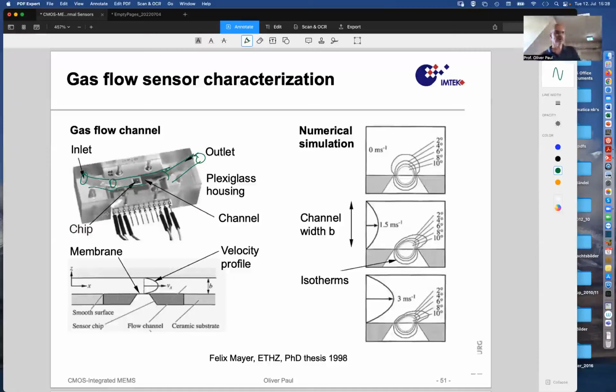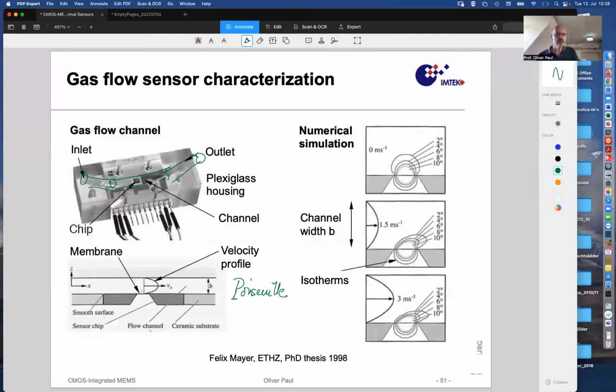You blow in air from some bigger hose into this small tube, and at the beginning it has a constant velocity profile over the cross section, and then because of frictional forces on the surface, this parabolic shape develops, the Hagen-Poiseuille flow profile, which gives its origin to the Hagen-Poiseuille laws of pressure flow for the length of a tube.